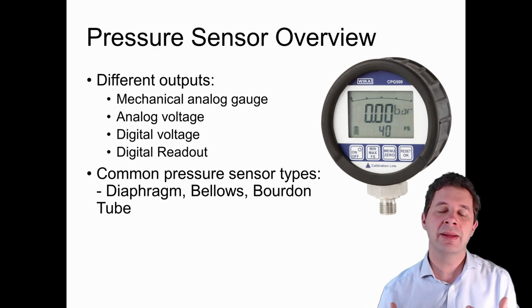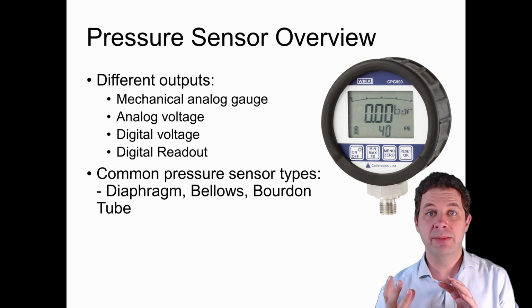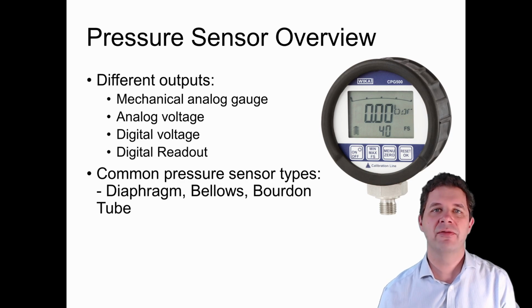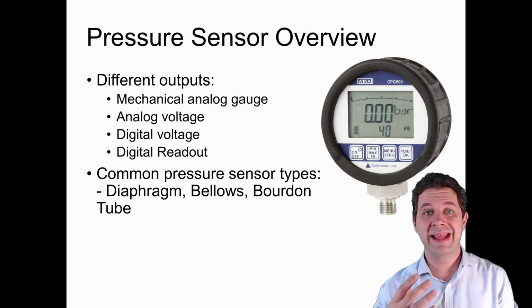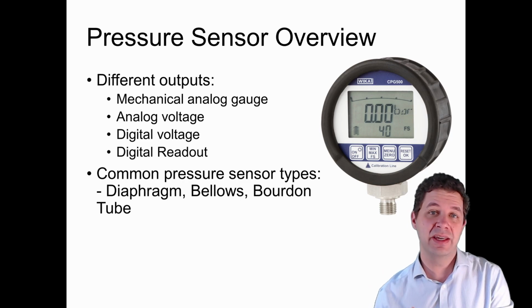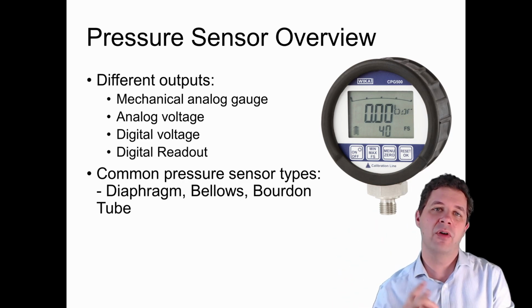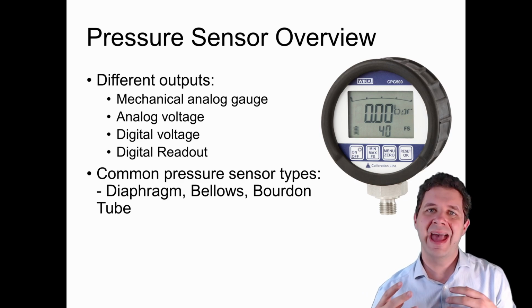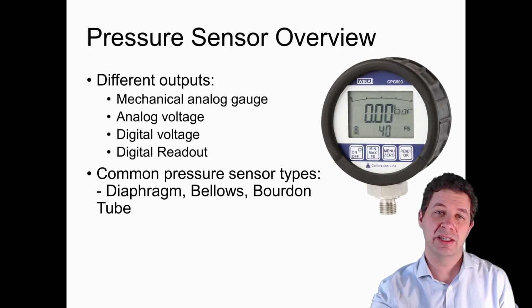Now, there's some common measurement techniques that we use to actually measure this pressure. Things like a diaphragm, things like a bellows or a Bourdon tube. And each of those allow us to measure the actual pressure. Now, we can have different outputs based on each of these techniques because we can use our mechanical gauges like what we have on our previous slide, or we can have digital readouts and electronic interfacing to each of these as well.